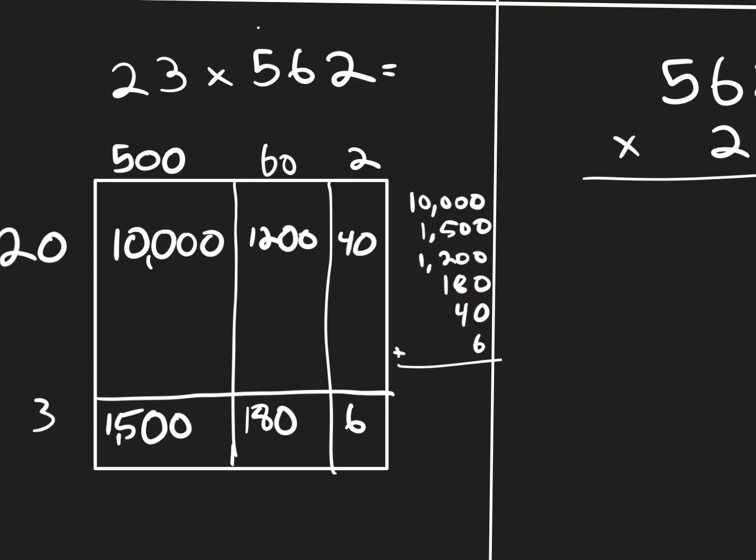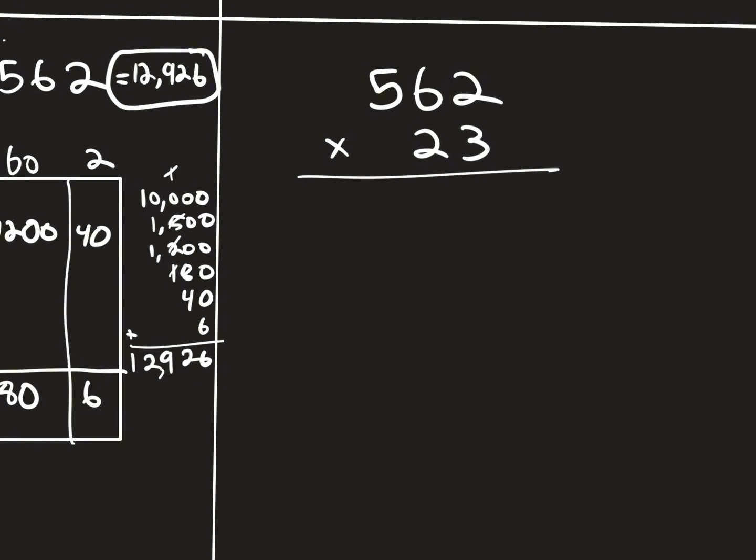So I want to add these all up. 6 plus all those zeros gets me 6. 8 plus 4, that gets me 12. Carry the 1. And I have 5, 7, 8, 9. And I have 1 plus 1, that gets me 2 and 1. So I end up with 12,926.